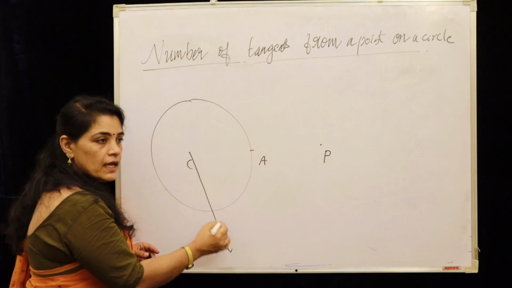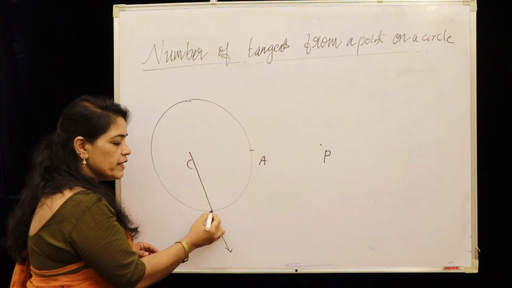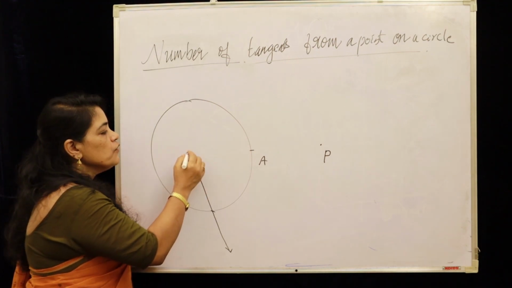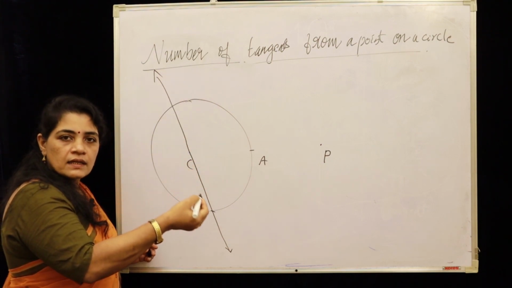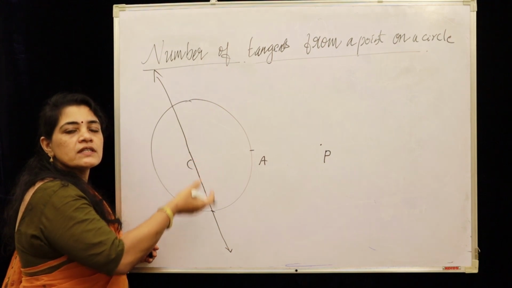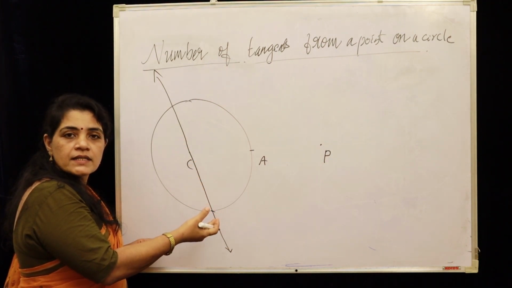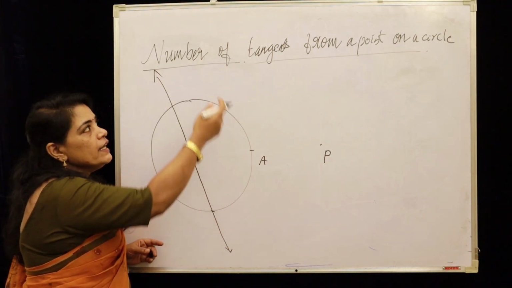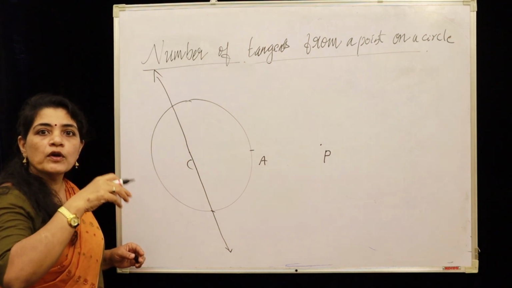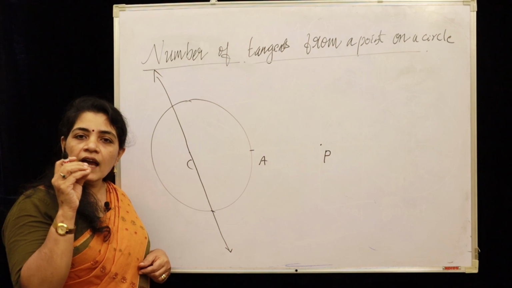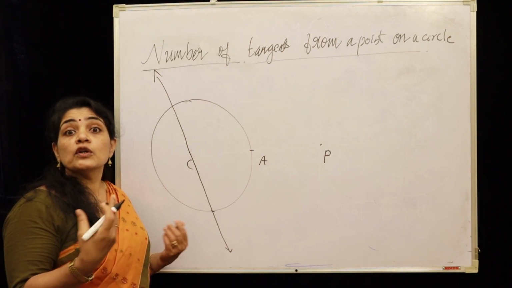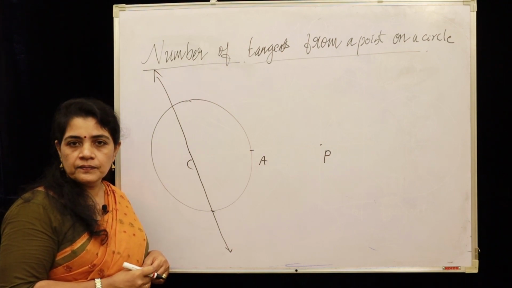This is a ray. It is touching at this point, but if we extend it, what happens? This line intersects the circle in two distinct points, so it becomes a secant. What we need is the number of tangents from a point to a circle. So if a point is lying inside the circle, no tangents can be drawn.